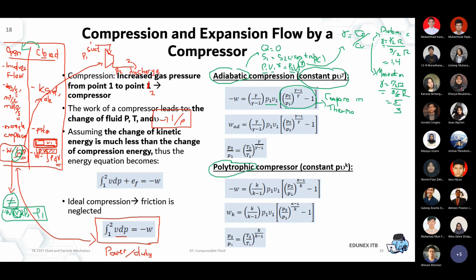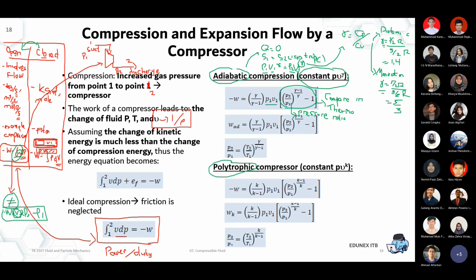This part looks the same as the adiabatic compression in thermo. Remember that I talked to you about compressors. It's not about the delta P, it's about the pressure ratio. So this is what is called the pressure ratio. It's not important to talk about the delta, P2 minus P1, in a compressor. What's more important is the pressure ratio.